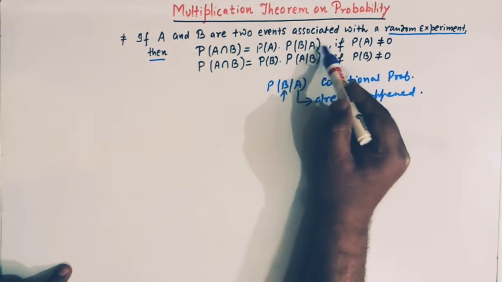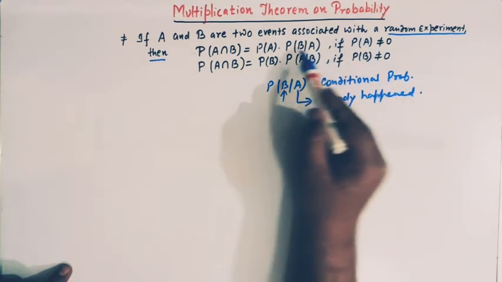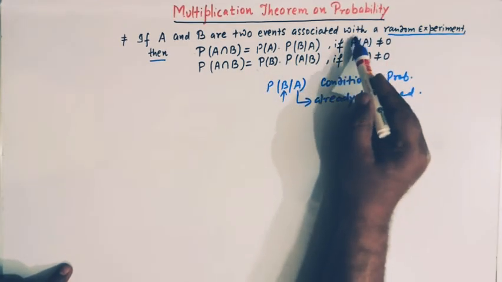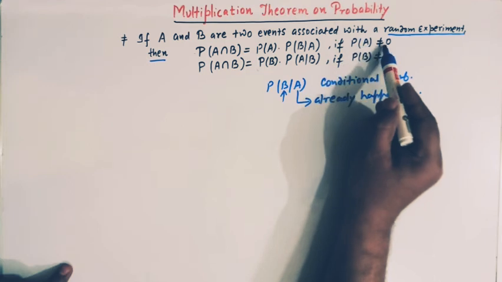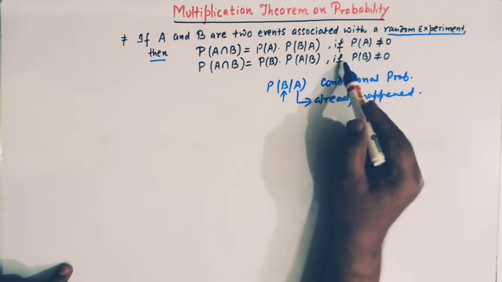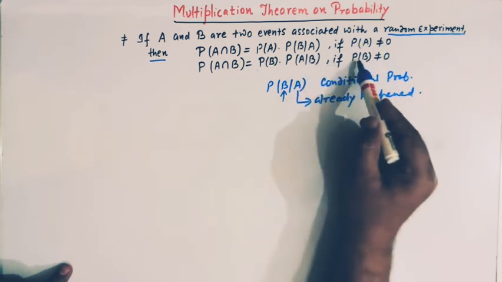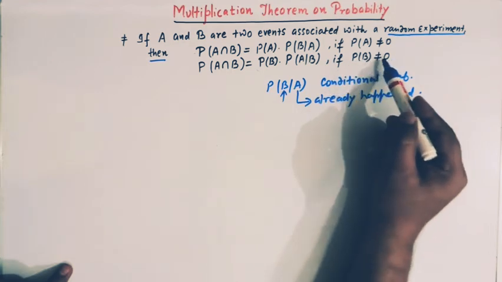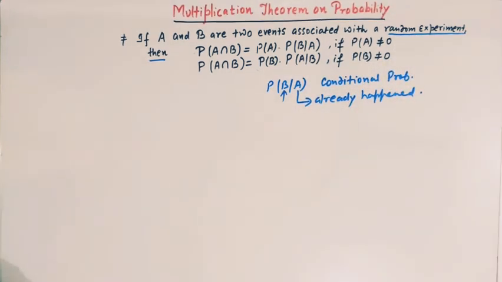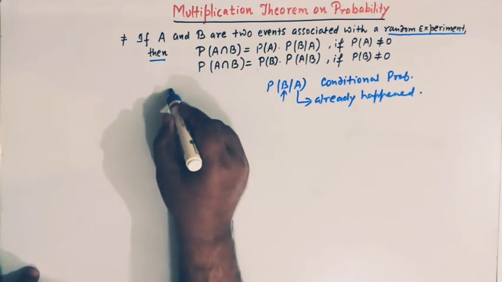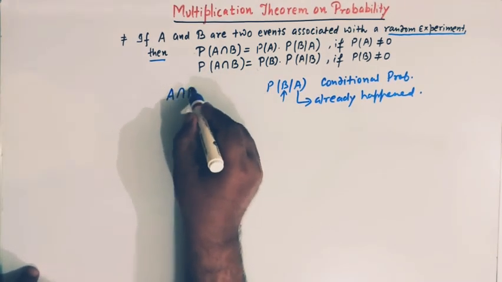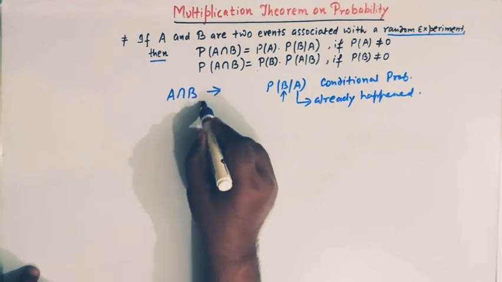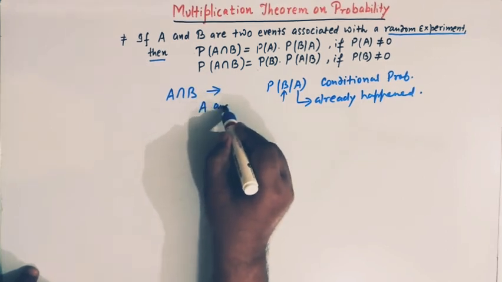In the first case, we have assumed that the probability of event A is not equal to 0, and in the second case the probability of B is not equal to 0. And here A intersection B implies A and B.